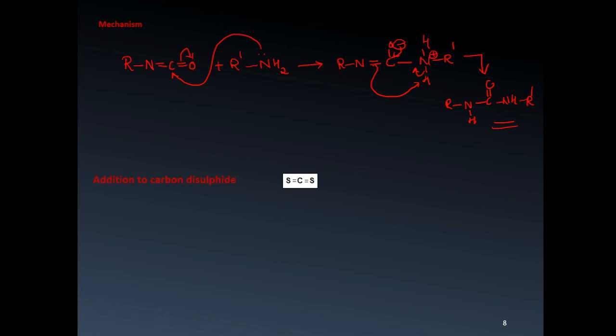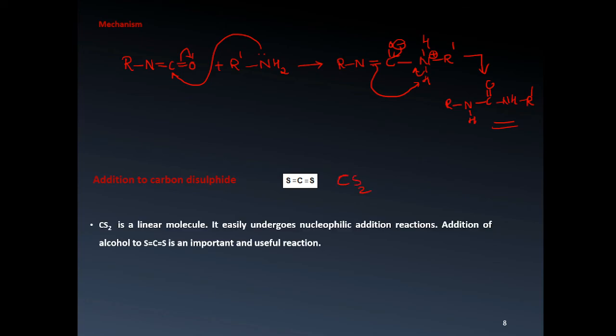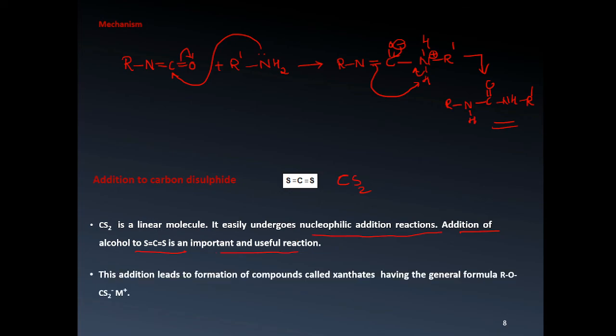Next one, addition of carbon disulfide, CS2. Here CS2 is a linear molecule. It undergoes nucleophilic addition reaction. Addition of alcohol to CS2 is an important and useful reaction, and this is very important for exam purposes.